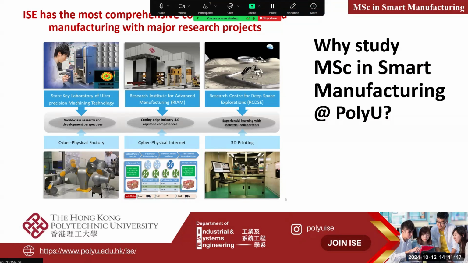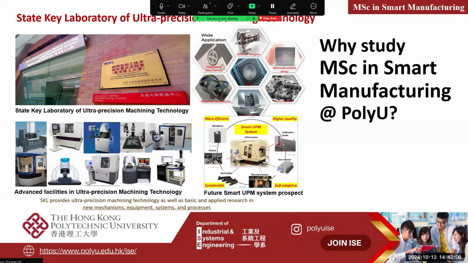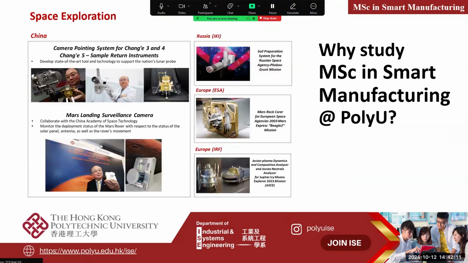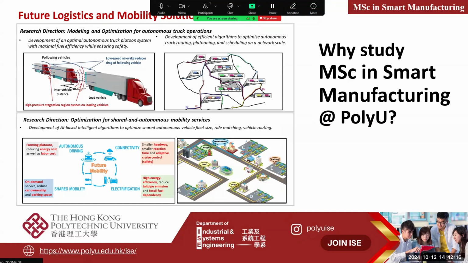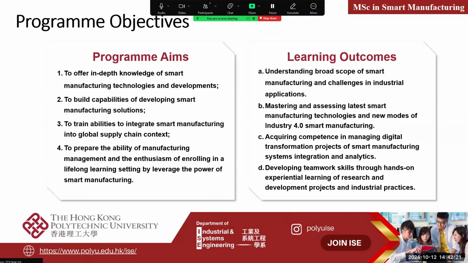We also have many laboratories, for example the cyber-physical factories, robotics, the cyber-physical internet supporting logistics systems, and the 3D printing laboratories for customized production. These are the resources we have: the State Key Lab, the research institute, the research centers, and our research projects that support all the underlying running of the program.